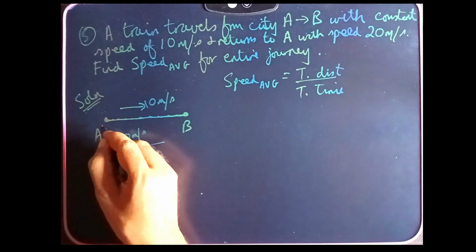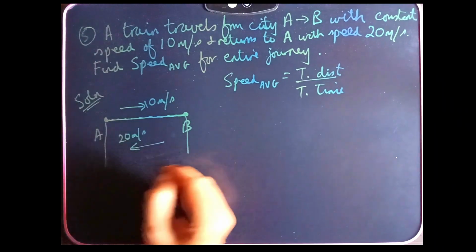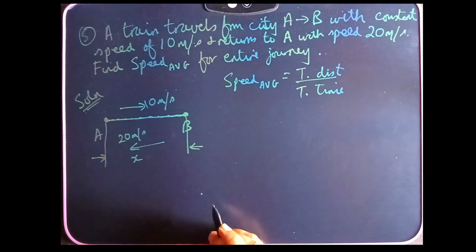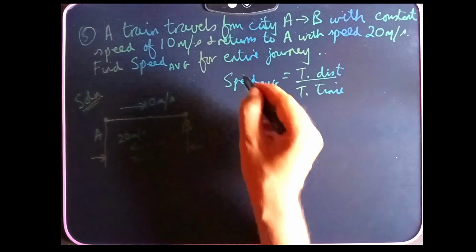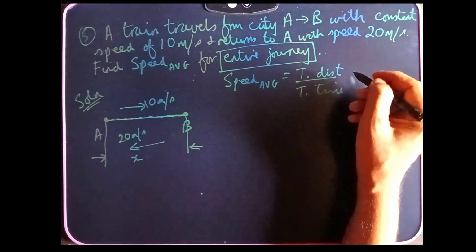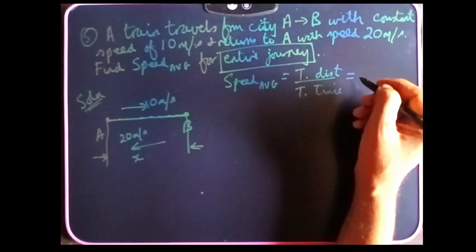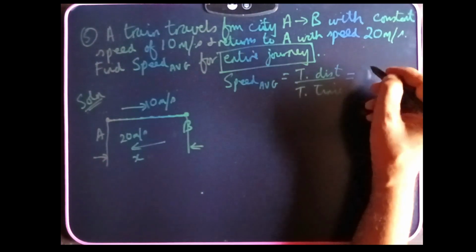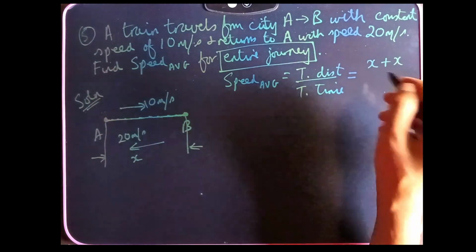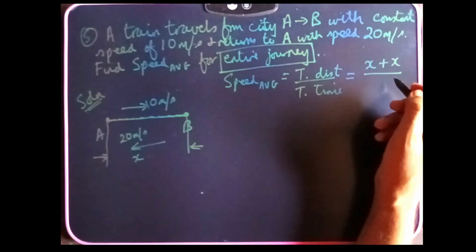So shall we make an assumption? We'll assume the distance is x. It's asking for the entire journey, which means the round trip. So the total distance will be x plus x, the total path, divided by total time.